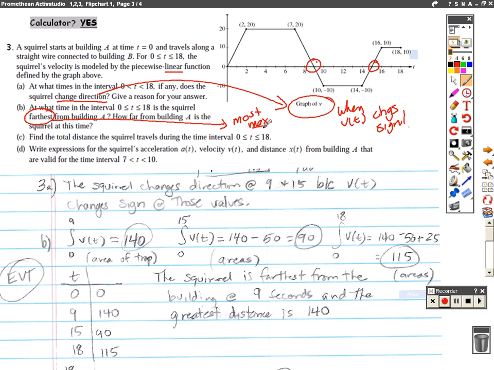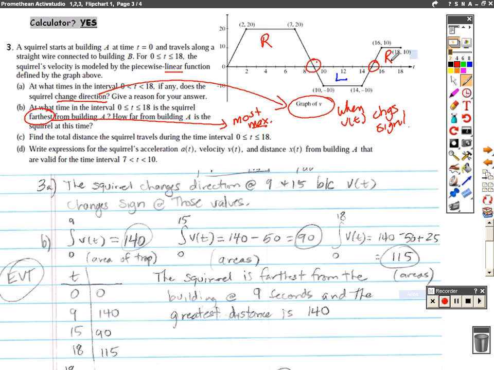Now, we know that the squirrel is moving to the right from 0 to 9 because the area in that region is positive. The squirrel is moving to the left from 9 to 15 because the area is negative, and then the squirrel moves back to the right from 15 to 18 because the area in that region is positive.